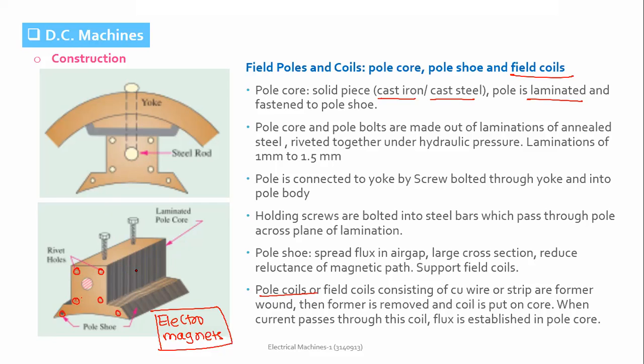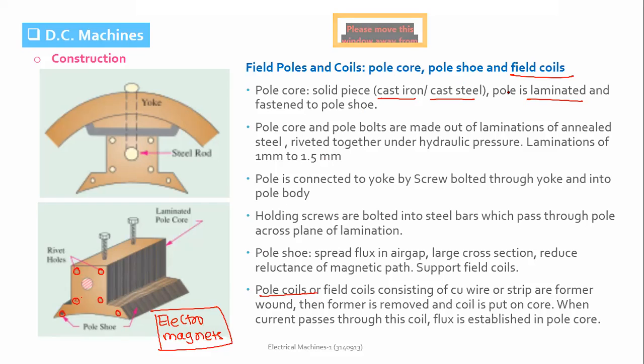Now, electromagnet. When the electromagnet has to generate a magnetic field, what is required for the electromagnet to generate the magnetic field? Current.